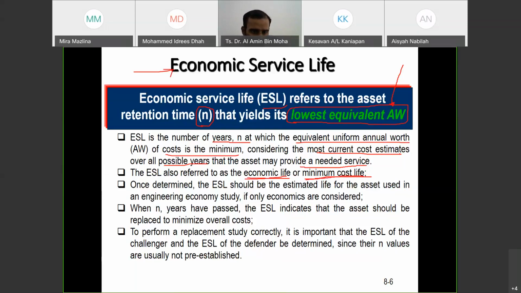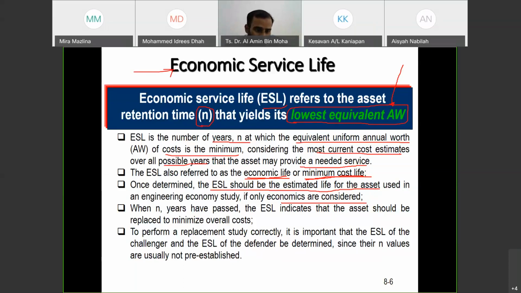Once determined, ESL should be the estimated life for the asset. Once we get the calculation, that's the definite end, if only economics are considered, based on the financial issues. If there are political issues or other factors, then it's a different story.